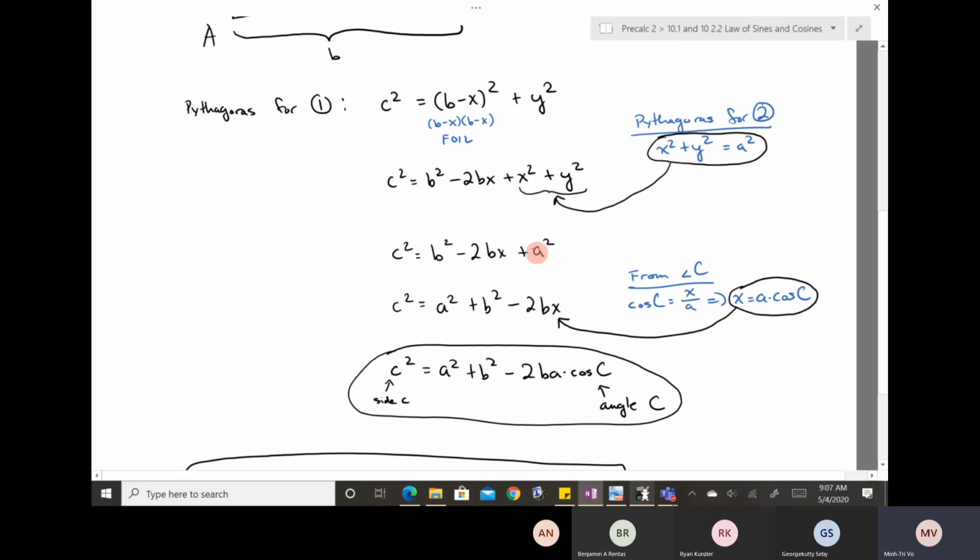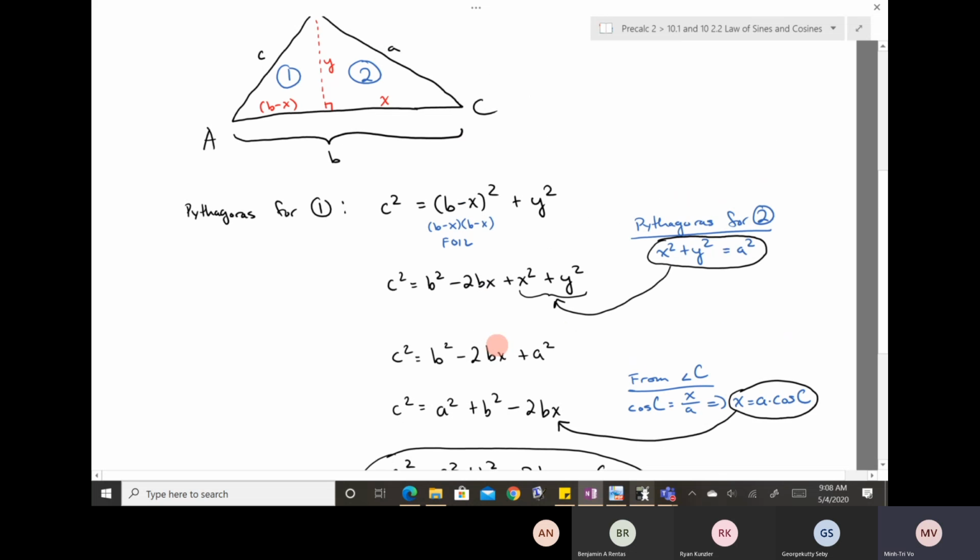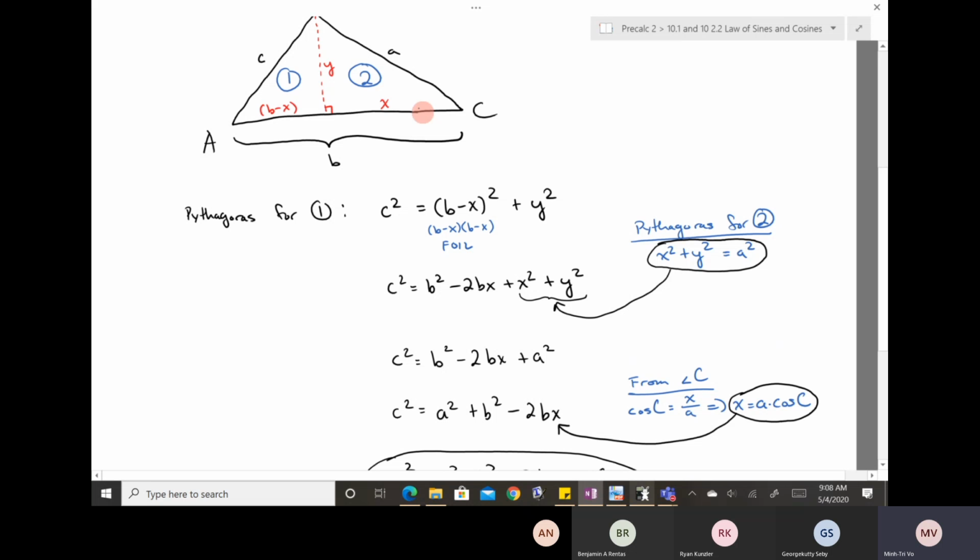And then I'm just rearranging the terms. So I put the a squared plus b squared first, and then the minus 2bx at the end. And then finally, side x, which is this side here, can be related to angle C because it's the adjacent side for C, using cosine.